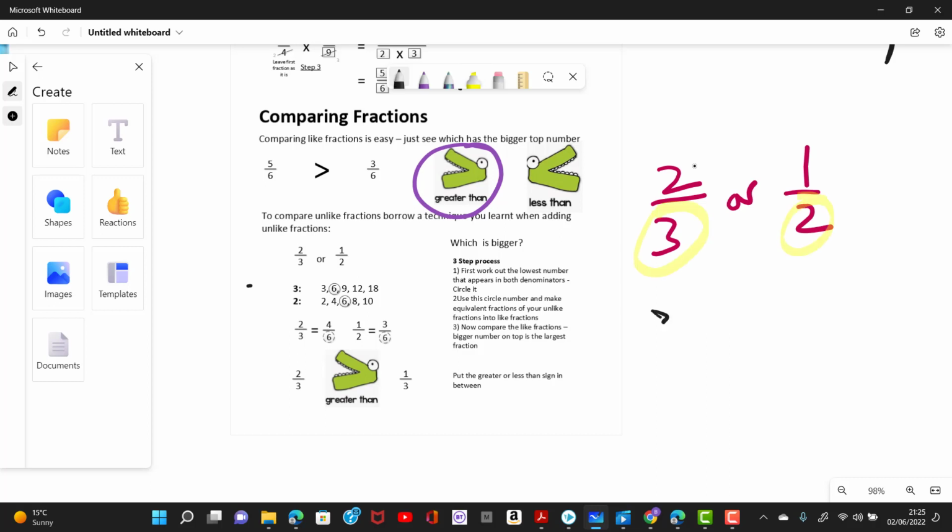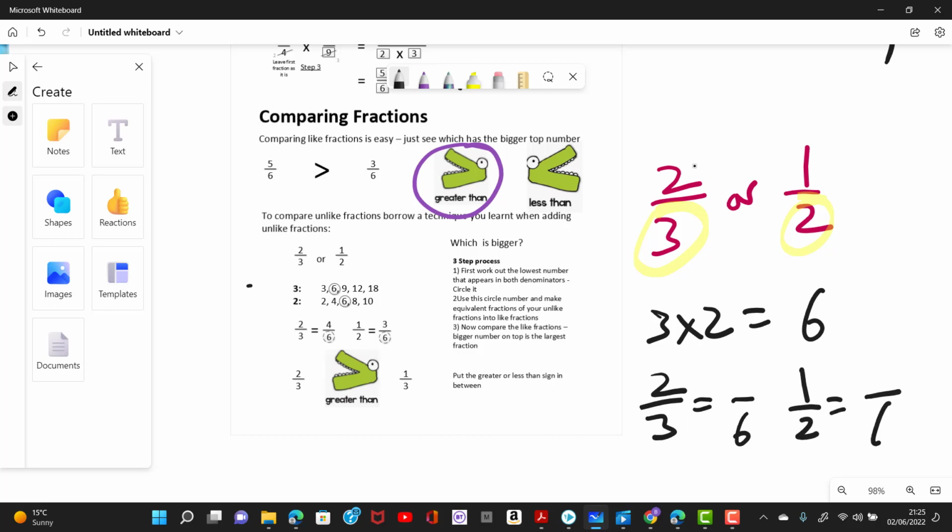So we do 3 times 2, and the new bottom number is going to be 6. We take the first fraction, 2/3, and put it over 6. Take the second fraction, a half, and put it over 6. Then we use our equivalent fraction skills: times by 2, times by 2, which is 4 over 6. And times by 3, times by 3, is 3 over 6.